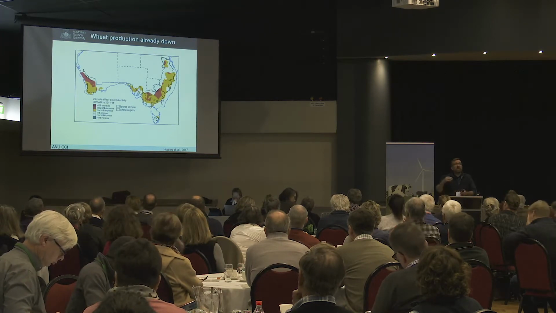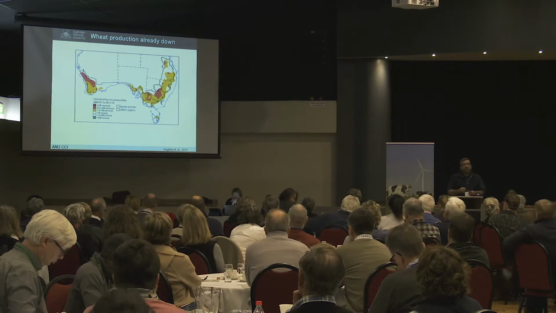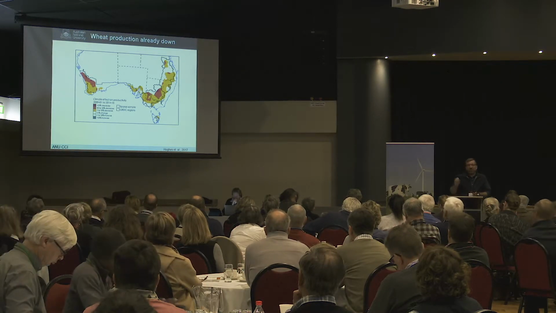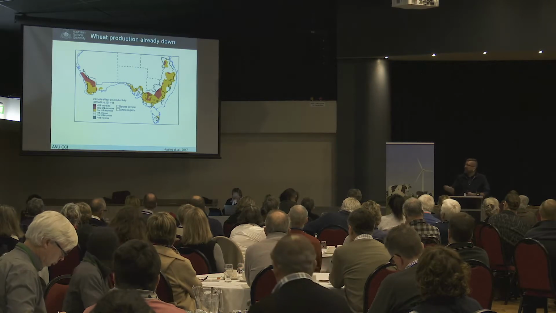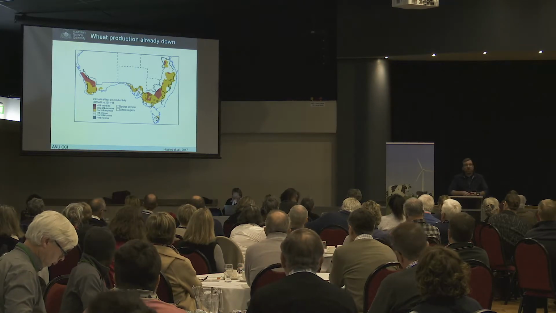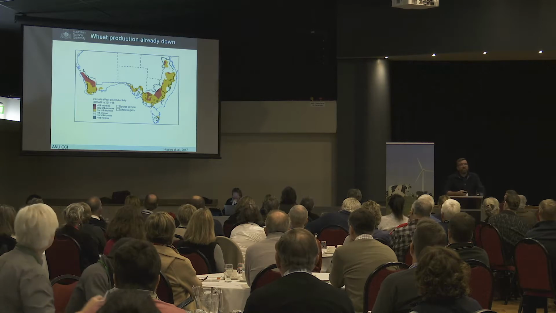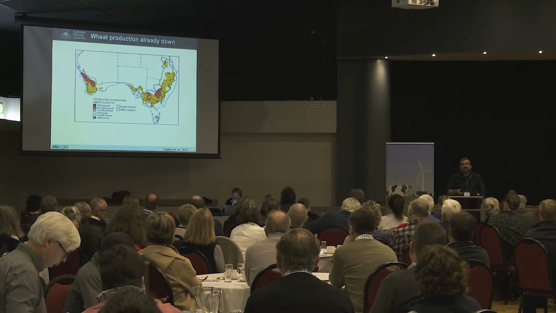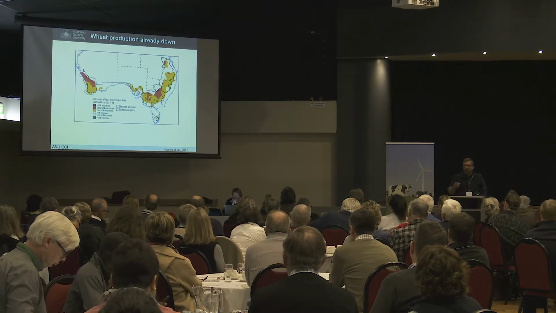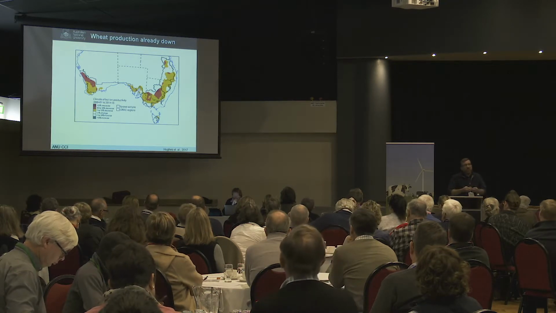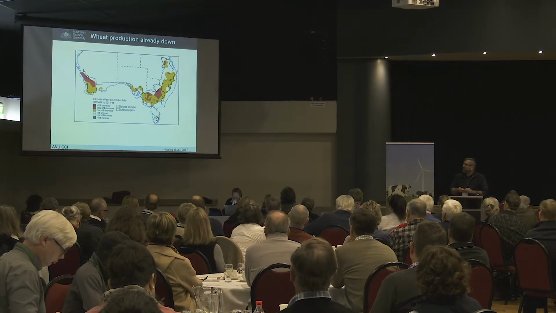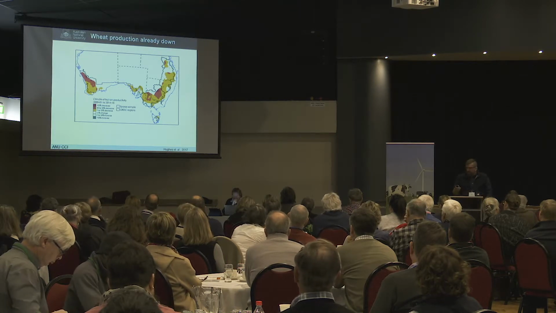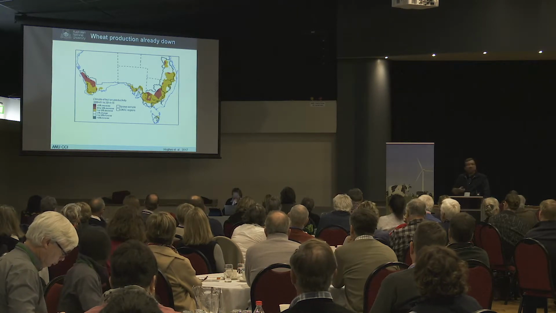We've already seen an impact on production or productivity through the historical changes in climate that we've seen. This is some work by a colleague from ABARES that was released in 2017. And what they tried to do in this analysis was actually try to tease out or isolate the climate impacts on productivity across the wheat belt for that period 2000 until 2015.